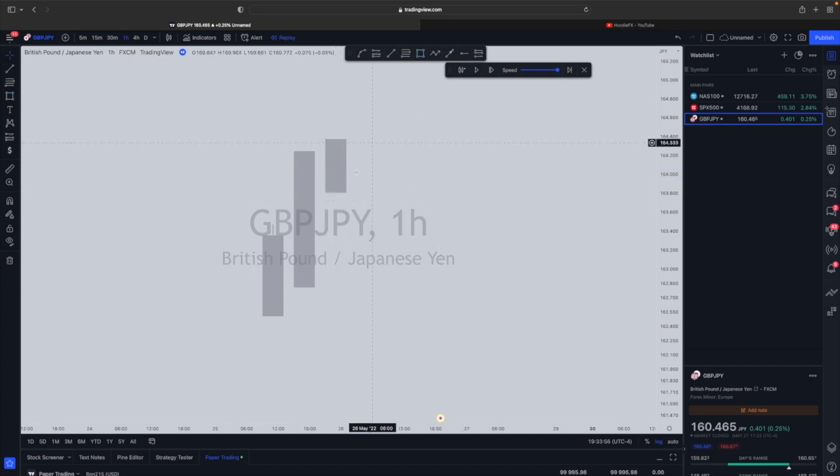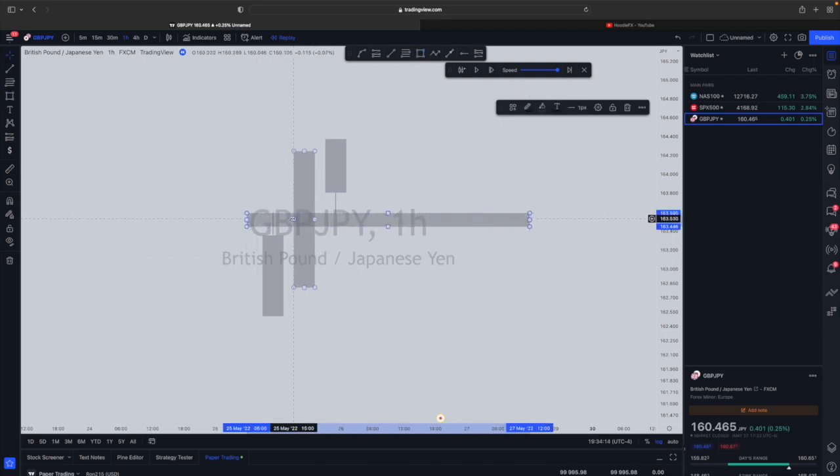What makes it invalid is when there's no gap that needs to be filled. If price comes up into here, I'm going to move this right around here, there's no gap. Look at this, price is touching on both sides, so there's no gap in between here.